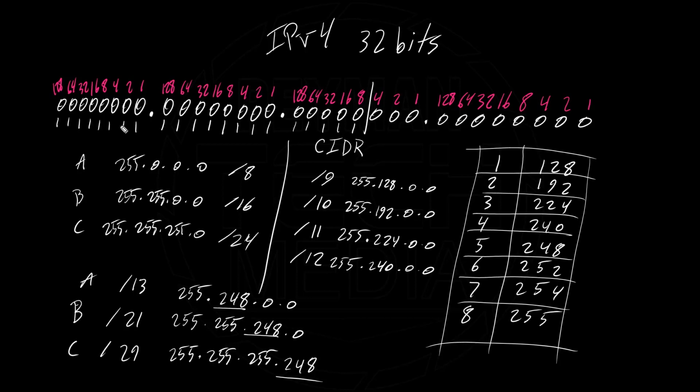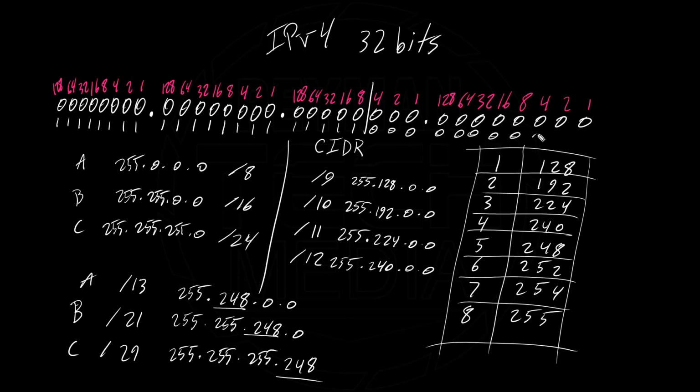And we already know 8 bits turned on, that's 255. And here 8 bits all turned on, so that's again 255 on the second octet. And then here we have only 5 bits turned on, borrowed. In other words, the rest of them are off. That's the host bits.